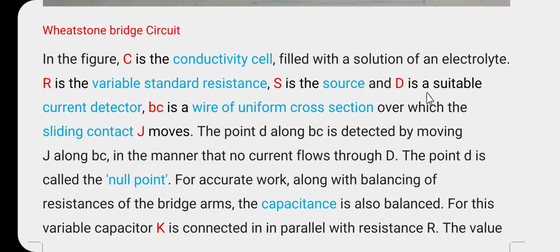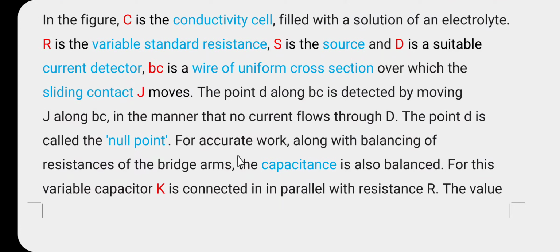In the diagram, D is the suitable current detector, and BC is the wire of uniform cross sectional area over which the sliding contact J moves. The point D along BC is detected by moving J along BC; it is the null point or the balance point. For accurate work, along with balancing the resistance of the bridge arms, the capacitance is also balanced.